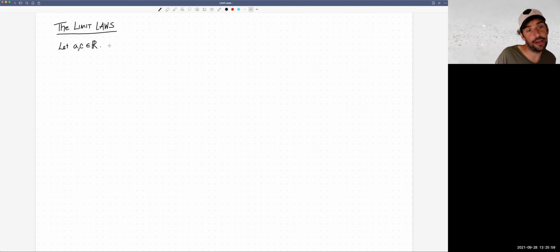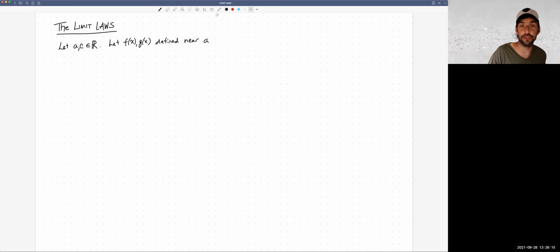We'll also have two functions, f of x and g of x, that are defined near A. So near means on an open interval containing A. I'll often use the word near, and that's what I mean.